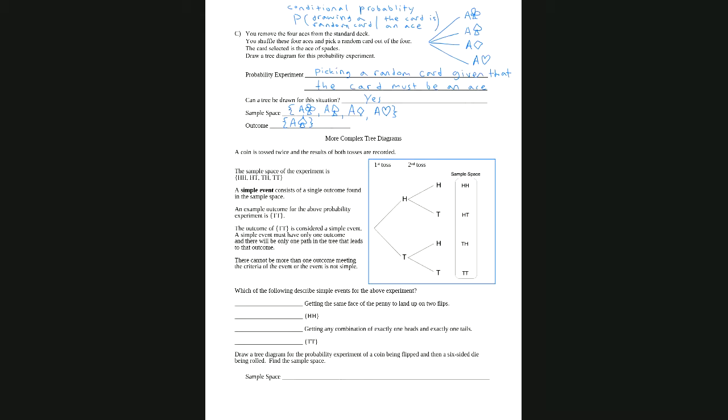Now, just like before, we're going to start on the left, and then we can take either the heads path for the first toss of the coin or the tails path. But regardless of whether that first toss lands on a heads or a tails, we're going to have to toss the coin again. And so from each of those, we want to create another copy of that same diagram.